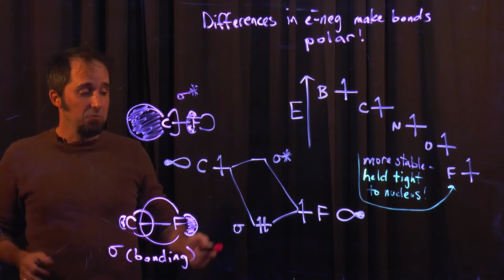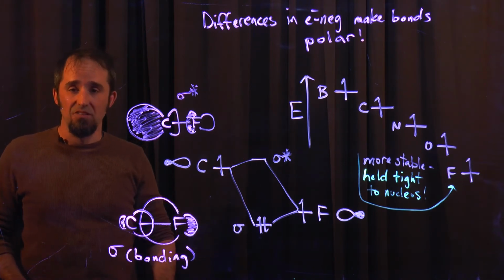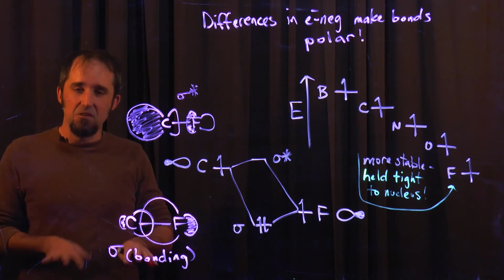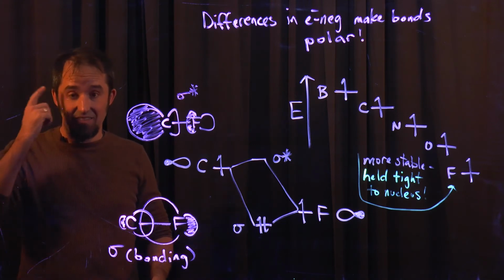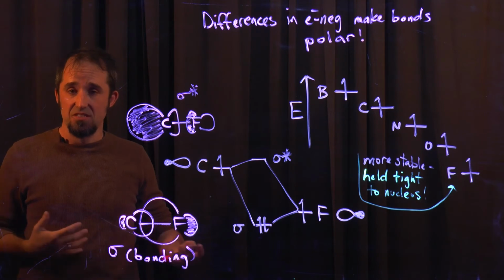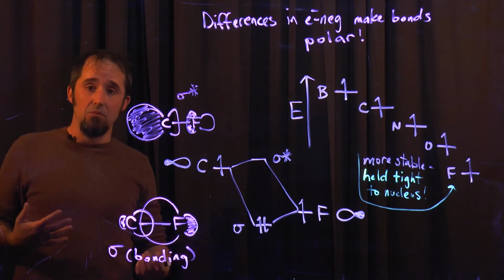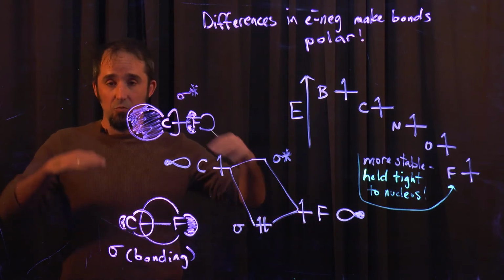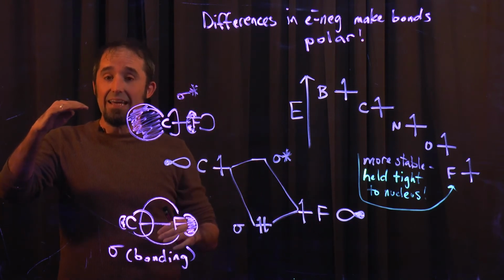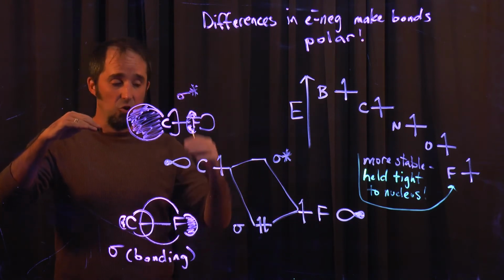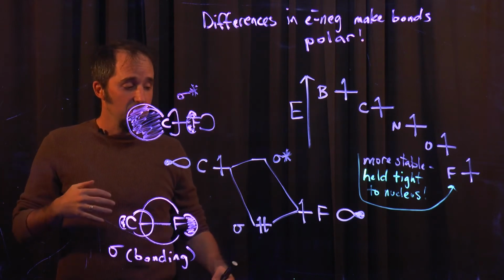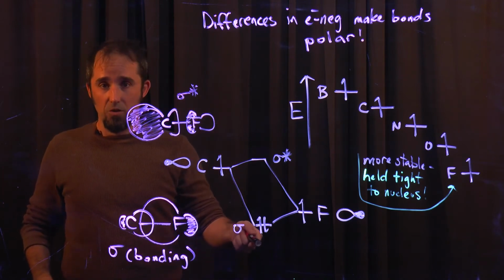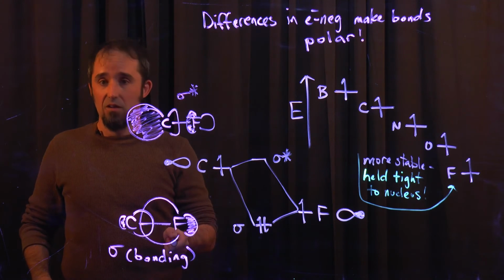So when we build molecular orbitals from atomic orbitals, it's not always going to be a 50-50 share of electrons like it is in H-H or C-C. In fact, most of the time, it won't be. Most of the time, one of the atoms or groups will be more electronegative than the other. And so it'll be lower in potential energy, and the sigma orbital will resemble that orbital a lot more.